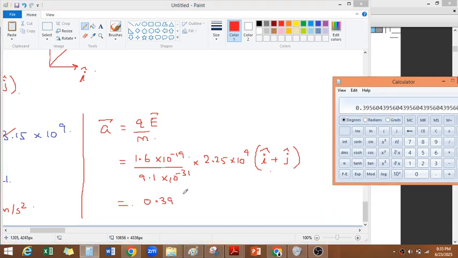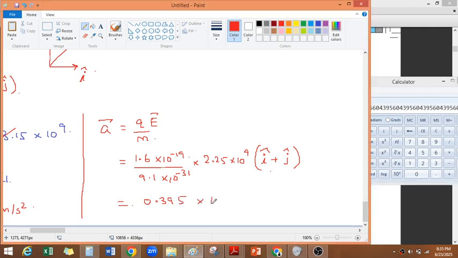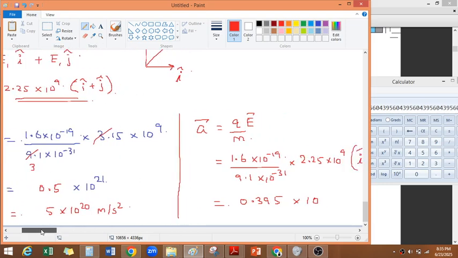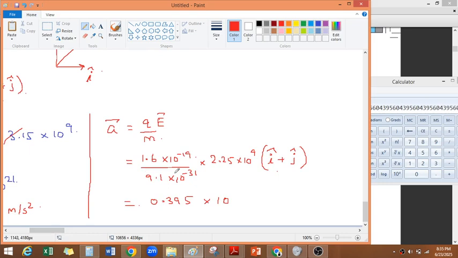So 395 into 10 power, I think I can use the same numbers here, 10 power 21, (i plus j). So this can be written as 3.9. If you want you can round it up to 4. So it will become 4 into 10 power 20 into (i plus j).